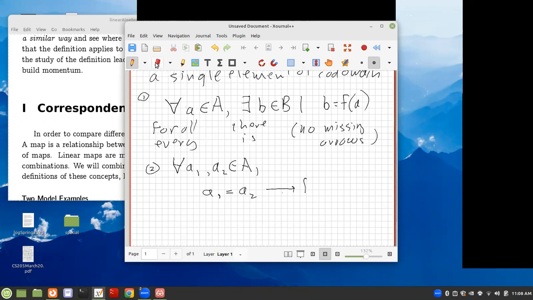I'm using F here, which doesn't correlate with starting with F, but I chose the name of the map to be M. Then M of A1 has to equal M of A2. Now, what is this notation?